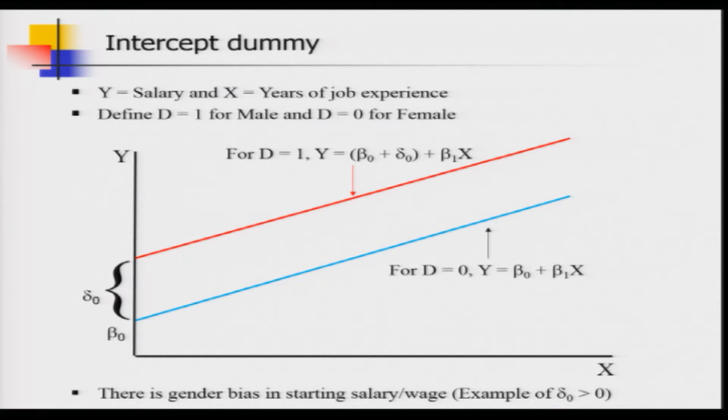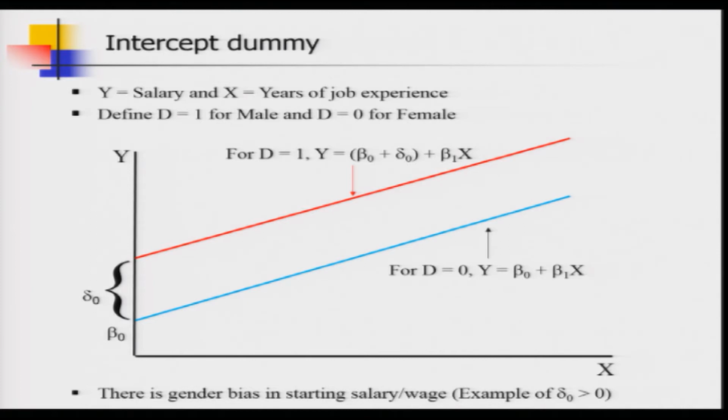Okay. Now, here is the diagram. Along the horizontal axis I am measuring the years of job experience, and along the vertical axis I am measuring the salary or wage obtained by the individual. And here you see I have two lines, and now I am going to explain these population regression lines one by one. Let us first assume that we are talking about male.